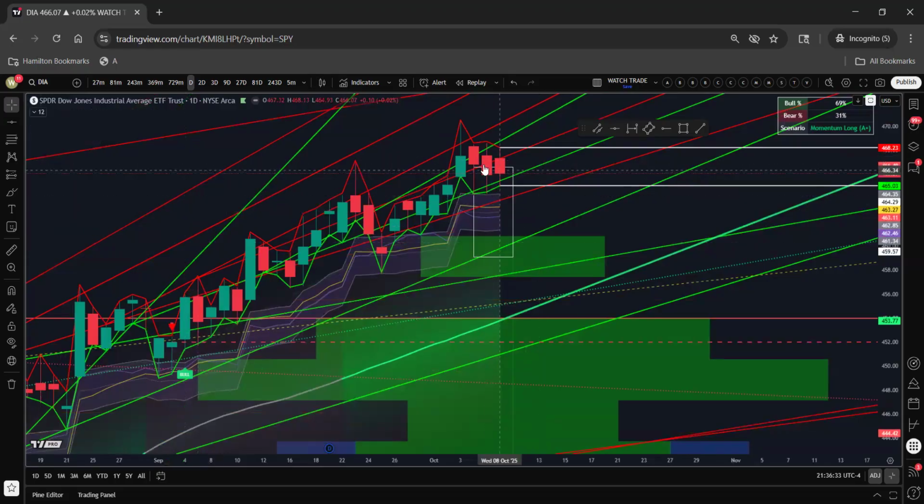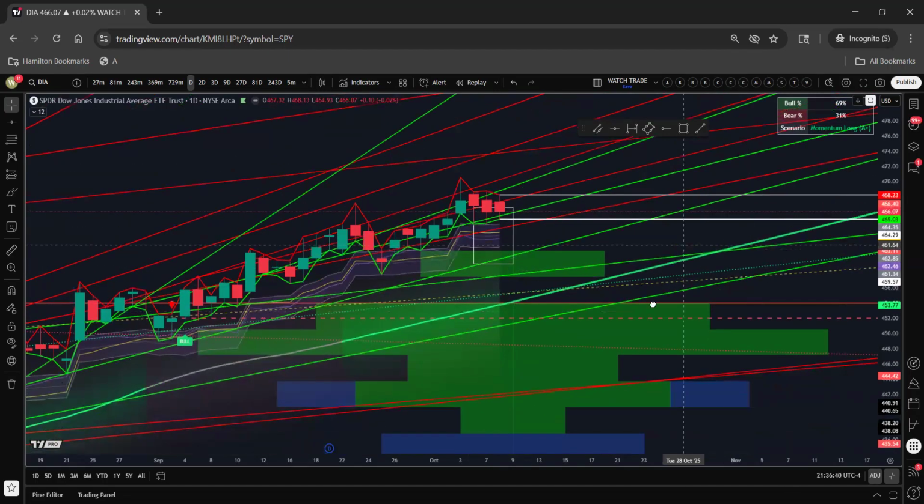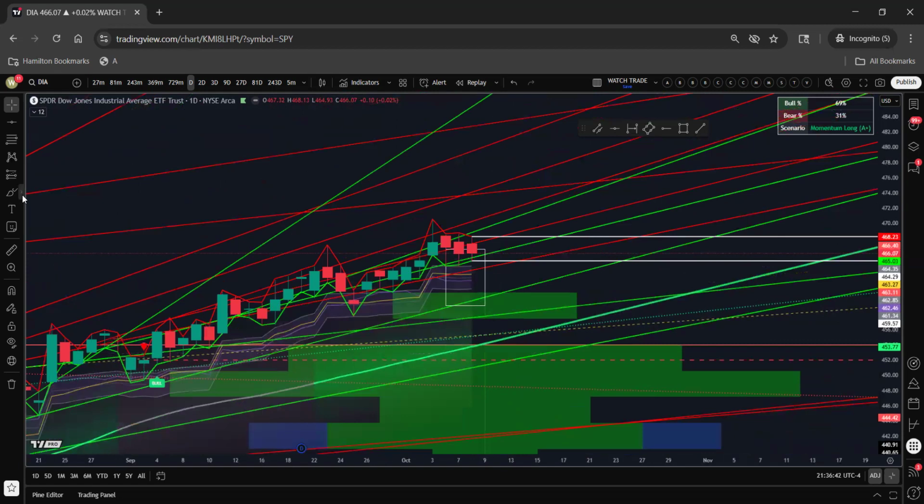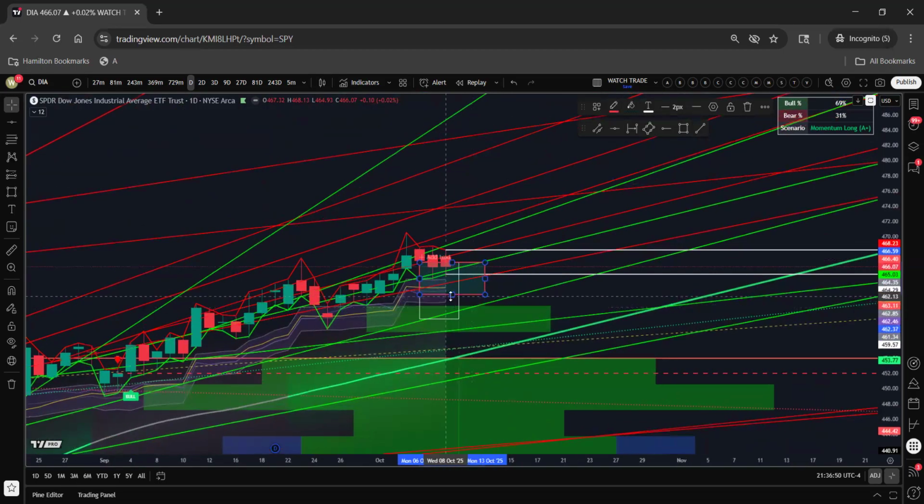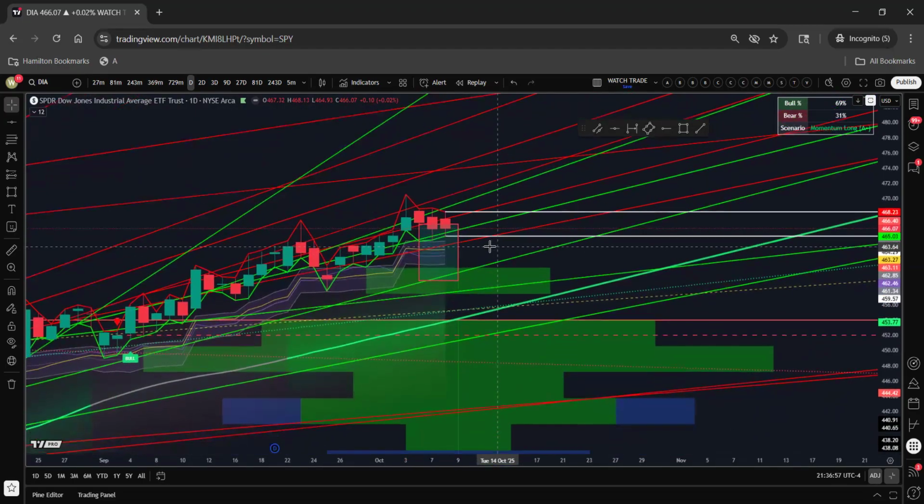All right, so this is the ATR box. It's showing us where price can move up and down. What I really like doing with this box, honestly, is copying it with the rectangle. So let me copy the size. This is the average true range of DIA.